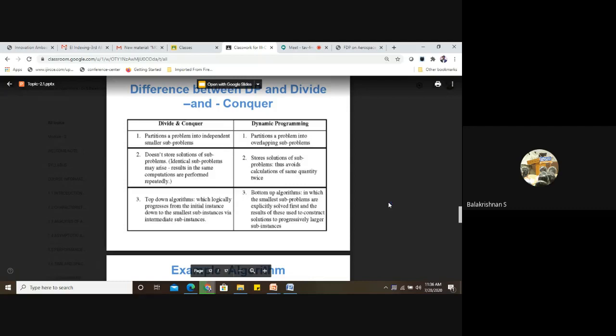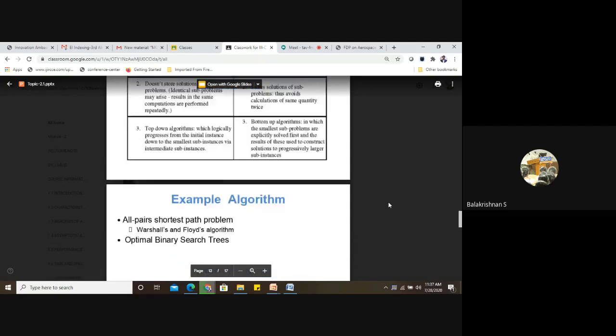These are the main differences between divide and conquer and dynamic programming.